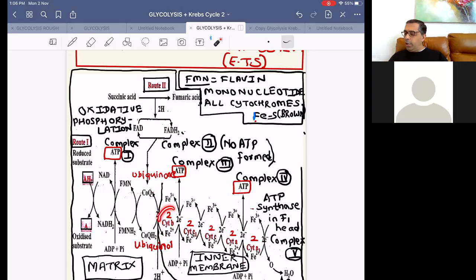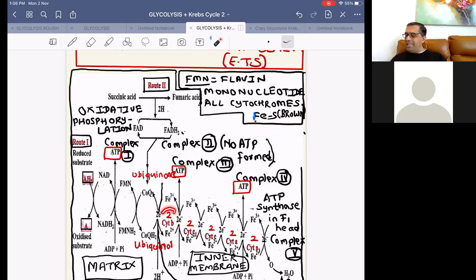The two cytochrome Bs are present in a Fe triple plus state. All cytochromes are iron sulfur compounds and are brown in color.